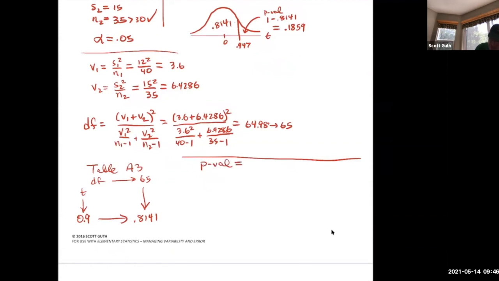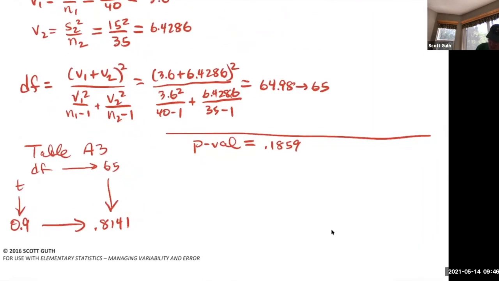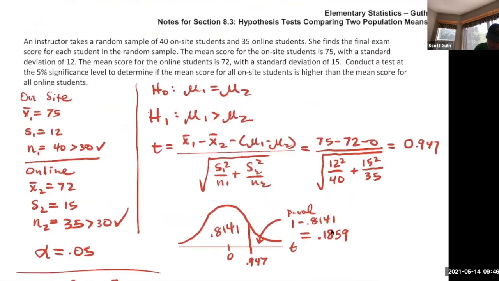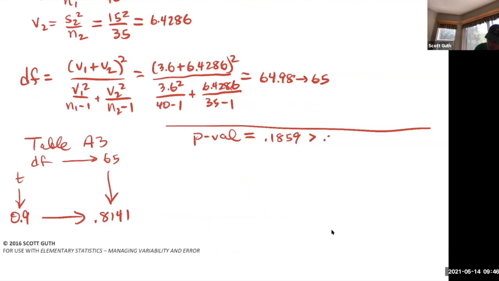I'm going with this p-value of 0.1859 since that's how I started. It's wrong, but we're going with it. This is much bigger than the alpha, which was 0.05, right? Yeah, 0.05. That's our alpha. So larger means that we don't get to support the alternative hypothesis because we're failing to reject the null hypothesis.